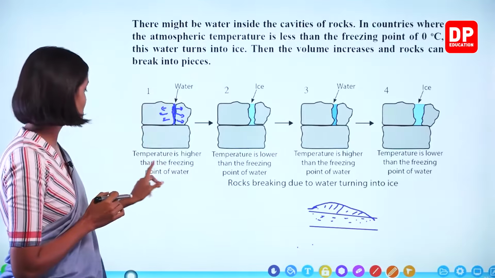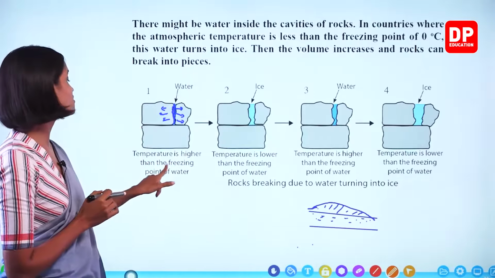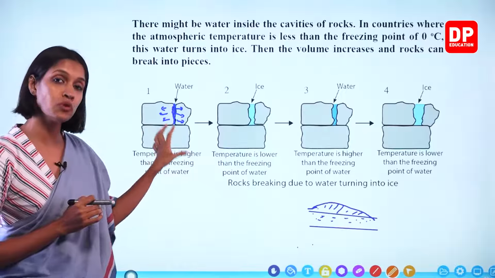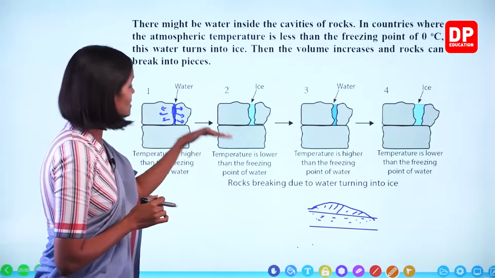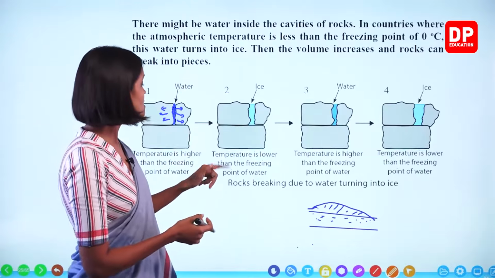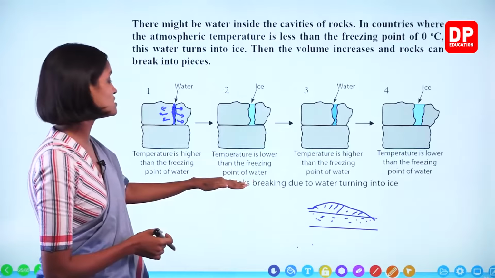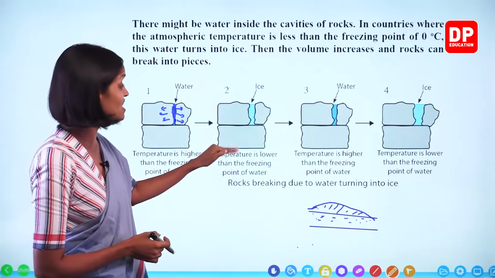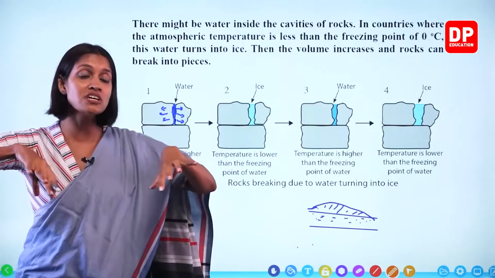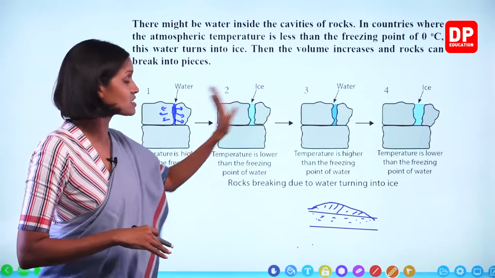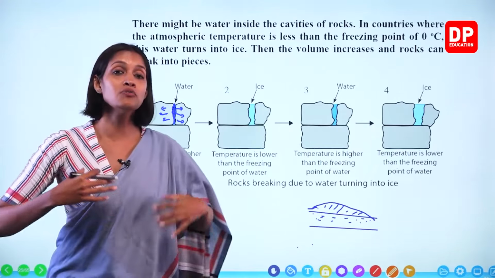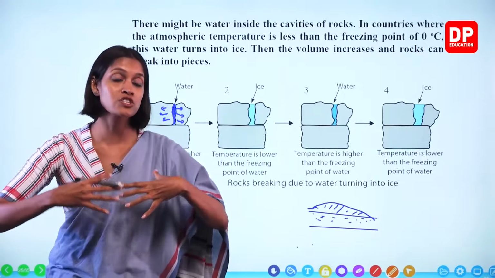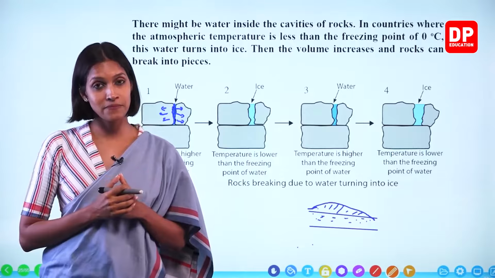Now in the first one, the given temperature is higher than the freezing point of water, which means water stays as liquid water. Right? So during, let's consider winter season, the temperature is lower than the freezing point, which means during that time, because of the pressure given to the walls of these cracks, the size of the crack increases, thereby water occupies more space to stay as ice.